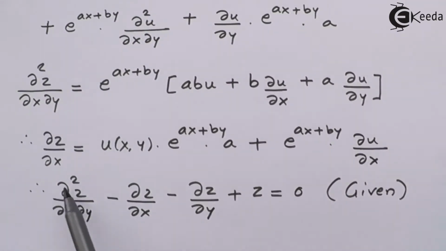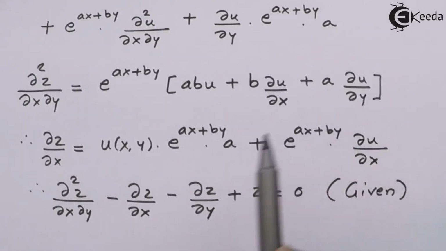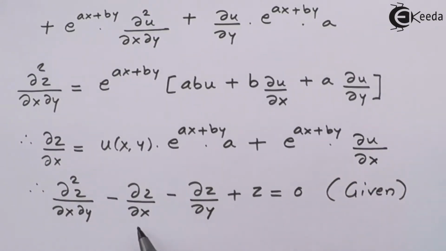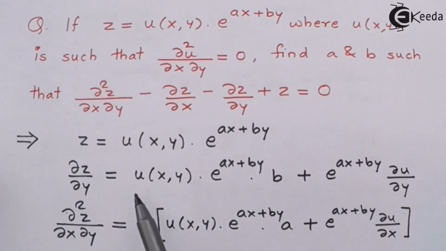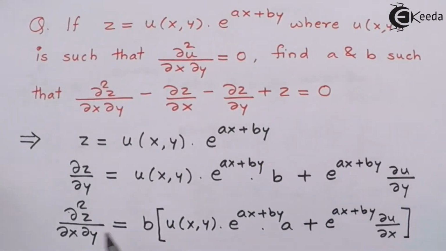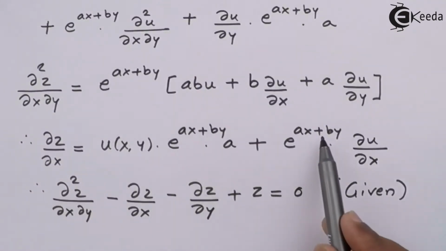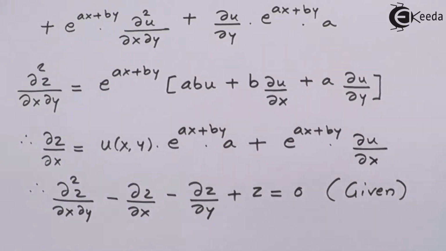So value of this first function is this. I'll put that value over here. Value of ∂z/∂x is this. So we'll put this value here, and ∂z/∂y is this. Now guys, if you observe, then in all the terms, the e to the power ax plus by term is there. So I can take this e to the power ax plus by outside from all the terms, and we'll put the value over here.